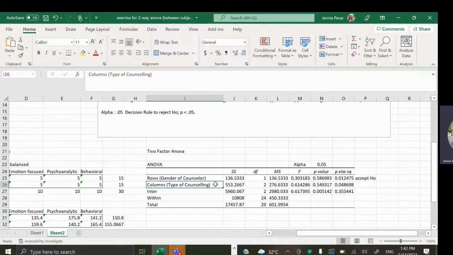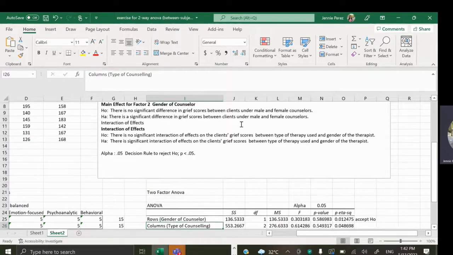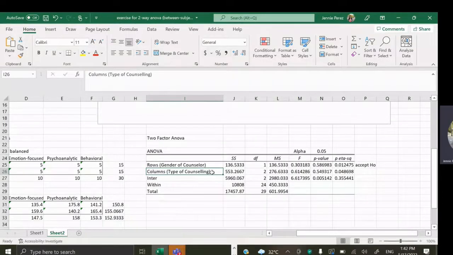This is now the columns which represent the type of counseling. So this would answer the question, is there a significant difference in grieving scores among the clients who went through different types of counseling? So we have here an F value of 0.61. It has a p-value of 0.54.